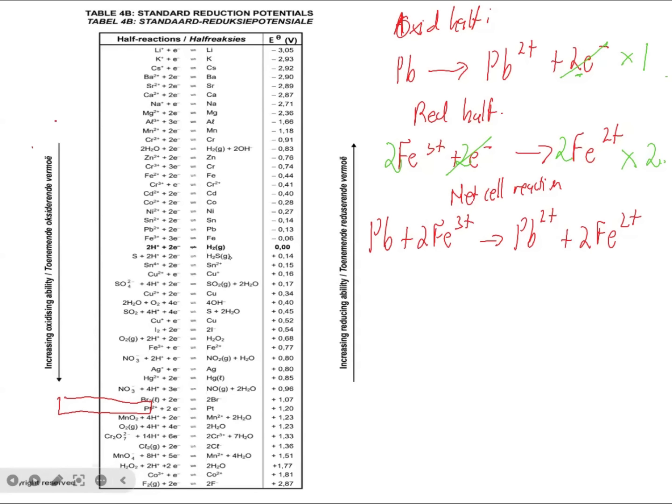A stronger reducing agent would have to be found above, right? So that means we are taking it further above. It could be anything that is above the Pb2 plus. If we are taking something that is above, the distance now becomes longer. So it would have to be this Fe3 plus. And then let's say they choose to go with zinc instead of the Pb.